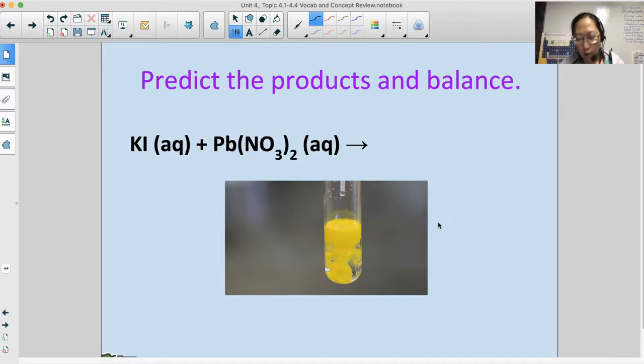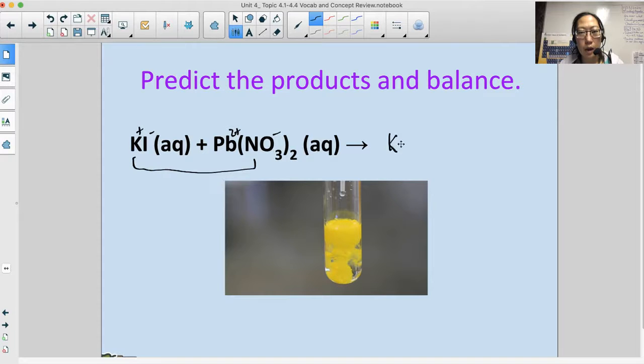So then we want to actually write the products. So for a double replacement, remember, we want to switch the places of these positive ions. Now, it might help you to put in the charges of each of these ions. So here, when I take my K, I'm going to combine it with my NO3.